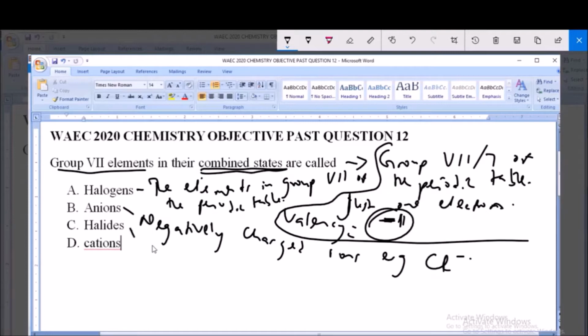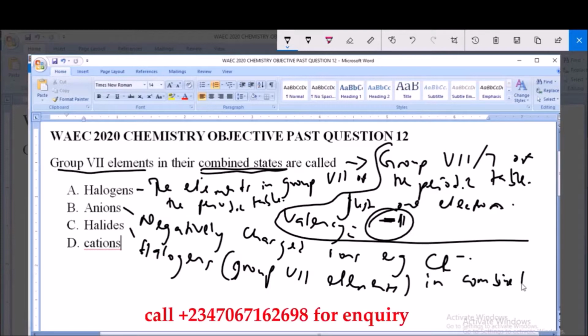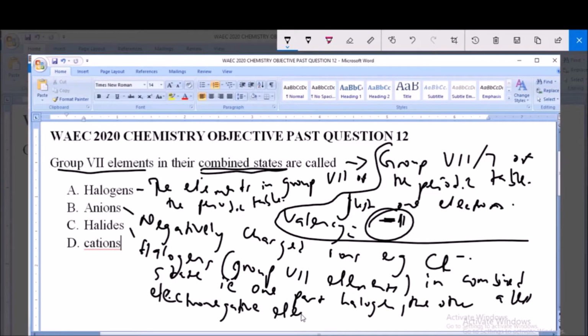Now, halides refers to halogens, that is group 7 elements in combined states, i.e., one part halogen, the other a less electronegative element.